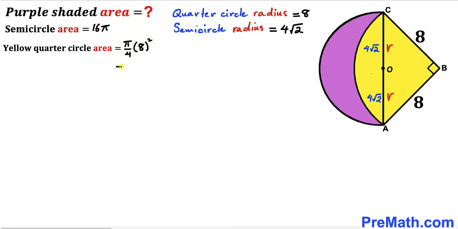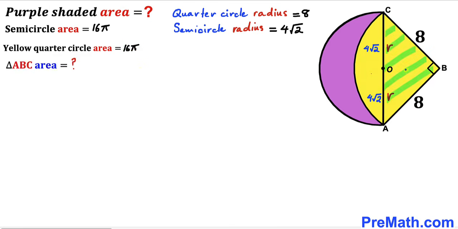Let's simplify the right hand side. We got pi divided by 4 times 64, which gives us 16 times pi. So the quarter circle area turns out to be 16 pi square units as well.